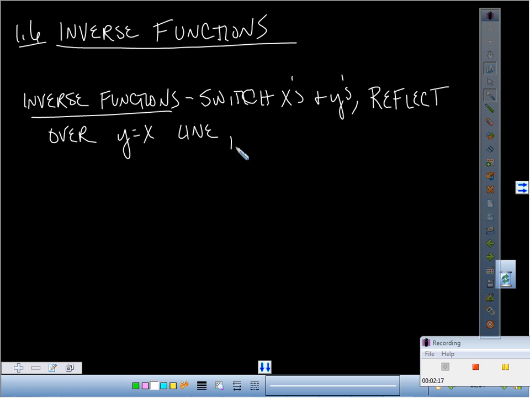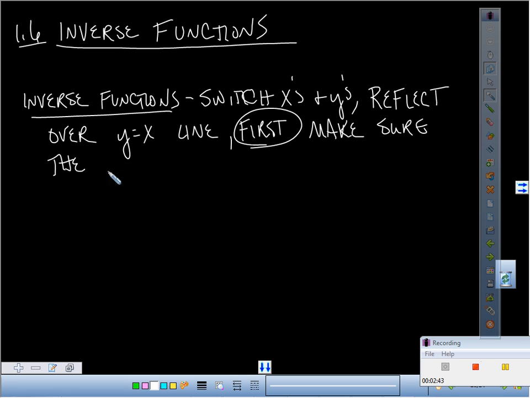Anybody know anything else? Here's the very first thing you need to look at. When they tell me to find an inverse function, the very first thing I do is make sure it's 1-to-1. There's one x and one y for each one.